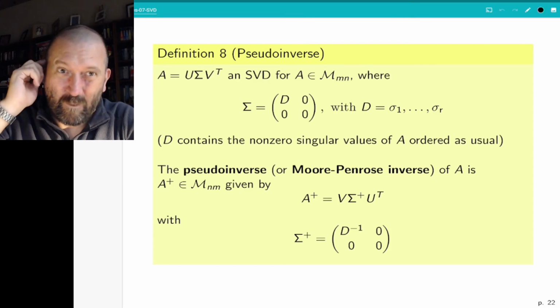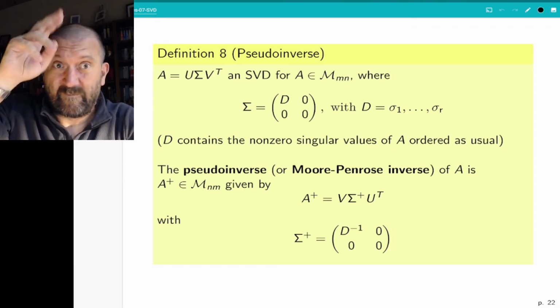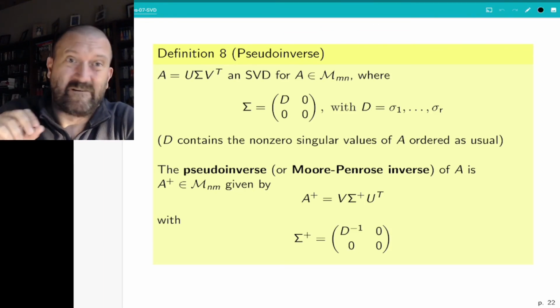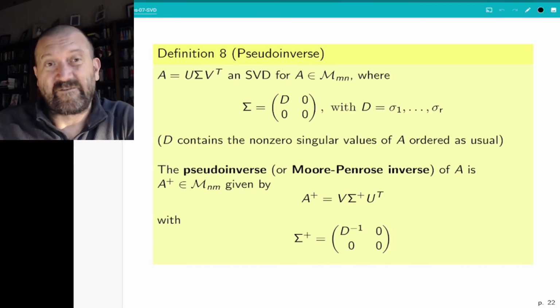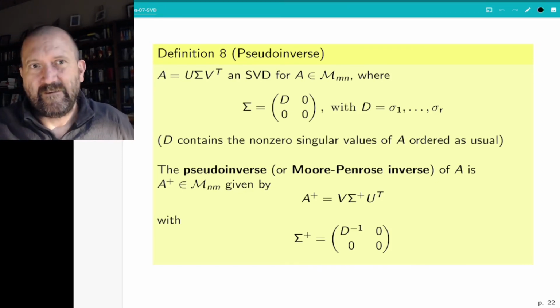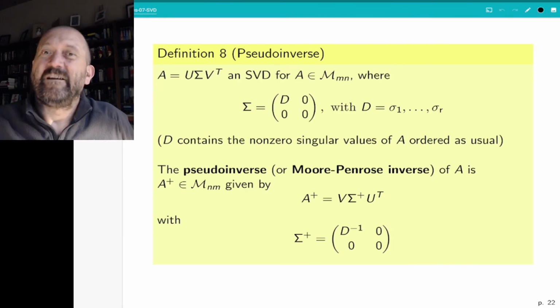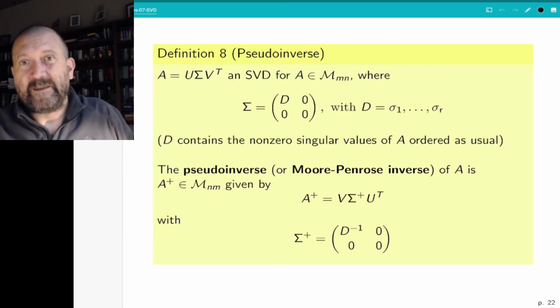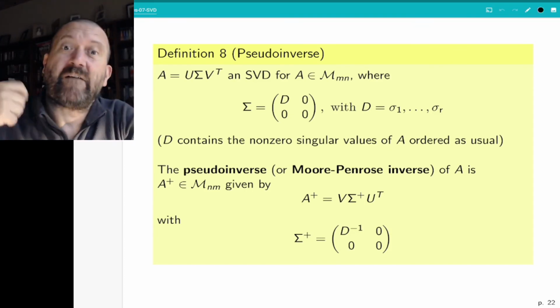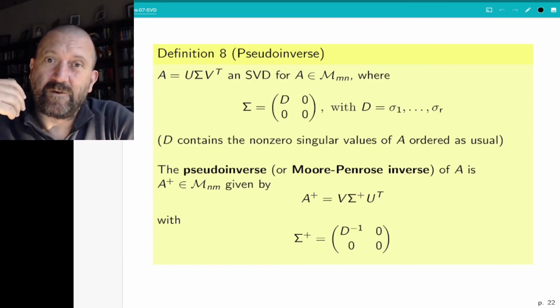I order my singular values from the largest to the smallest, and so in the matrix sigma, they are ordered from the largest to the smallest, and that's always going to be the case. The matrices U and V, on the other hand, are not unique. So that's why I say, suppose you have an SVD, not the SVD, for your matrix A.